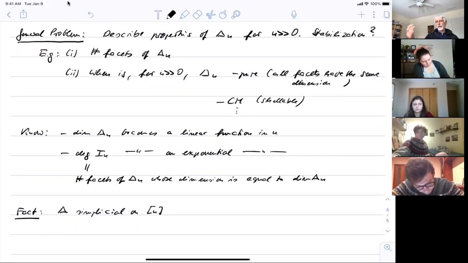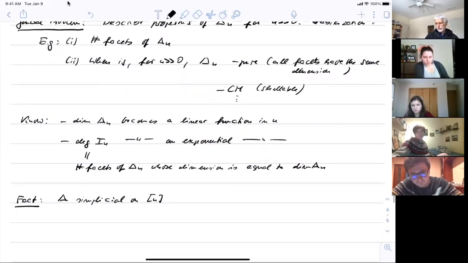And so since we have a bijection between simplicial complexes and square-free monomial ideals, there should be an algebraic interpretation of this, and this is what I would like to describe.